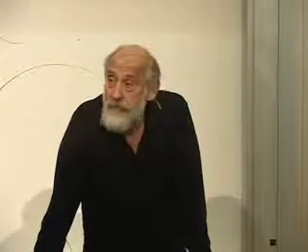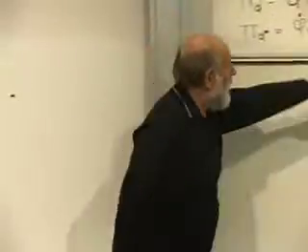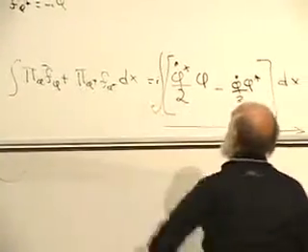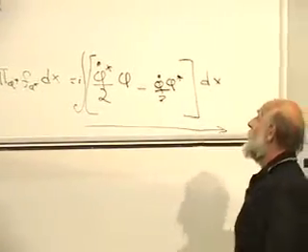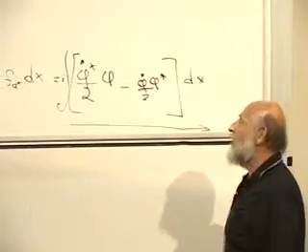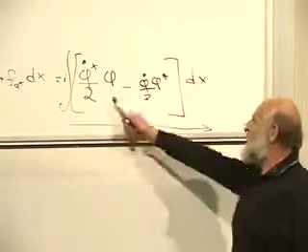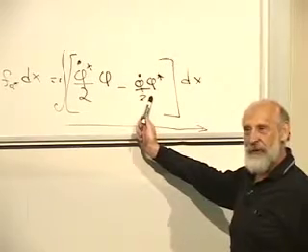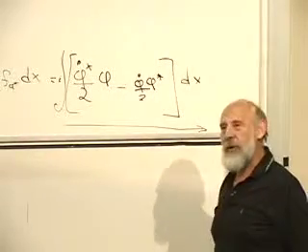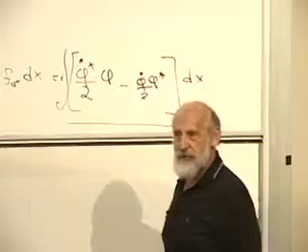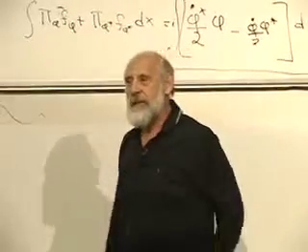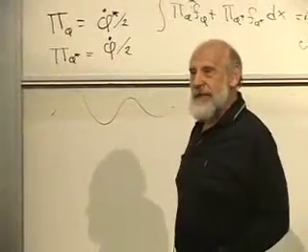There's an i in the front of that. Right here. So are we saying that the conserved quantity is imaginary? No. This is the complex conjugate of this. What happens if you take the difference of two things, a thing and its complex conjugate? Yeah.